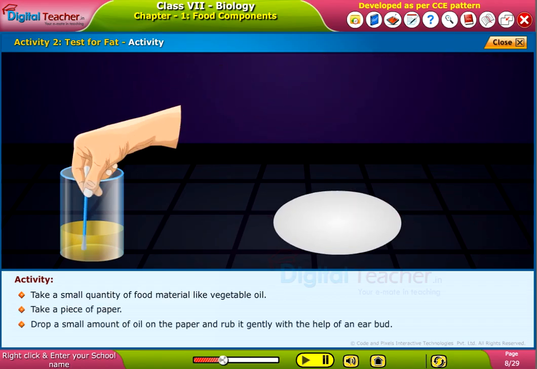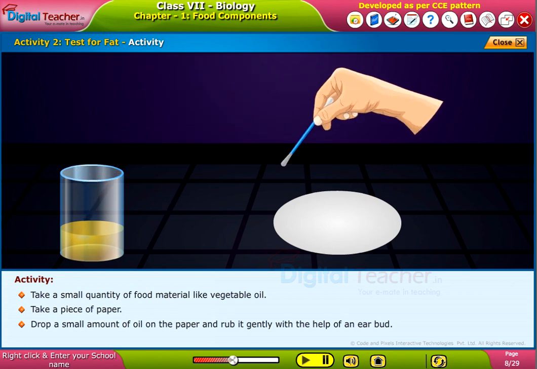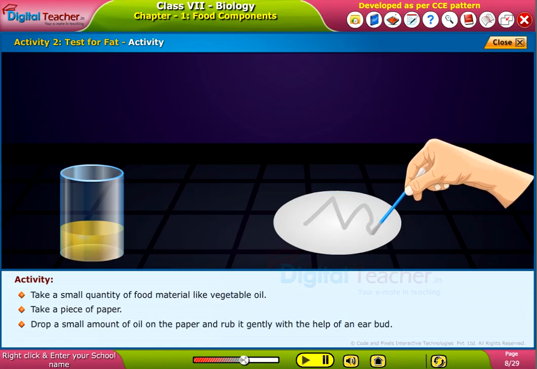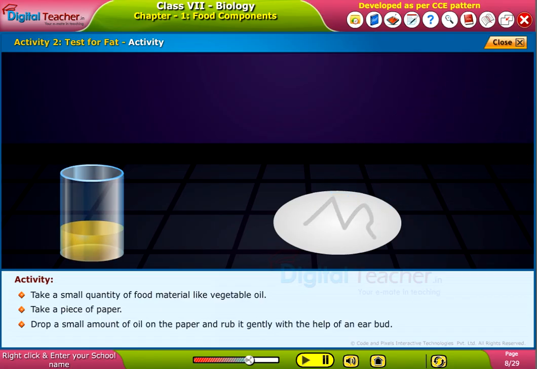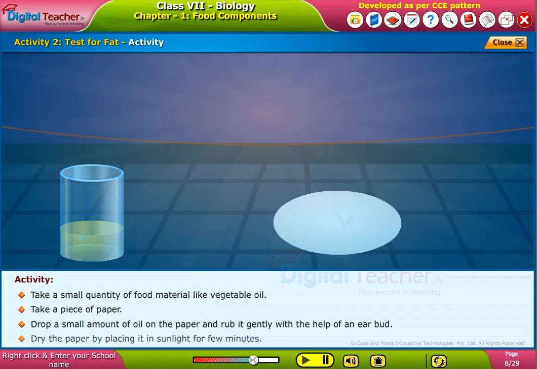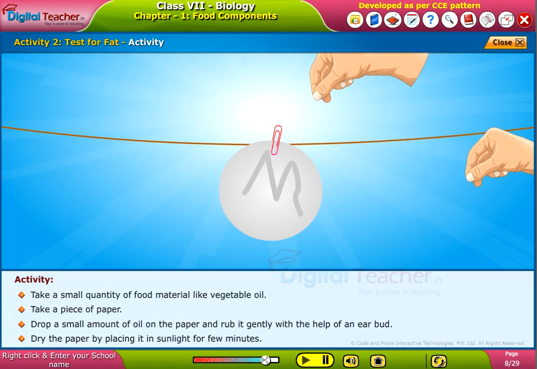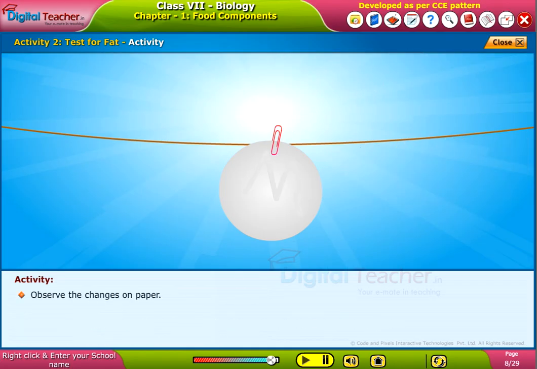Drop a small amount of oil on the paper and rub it gently with the help of an earbud. Dry the paper by placing it in sunlight for a few minutes. Observe the changes on paper.